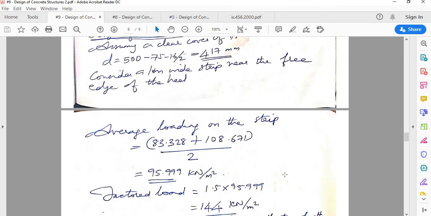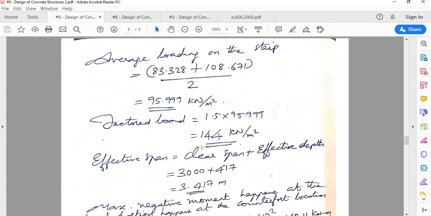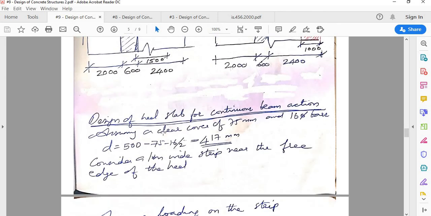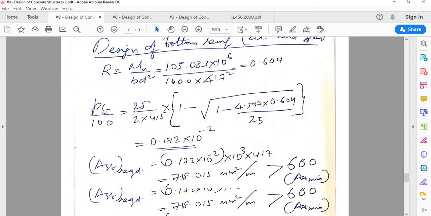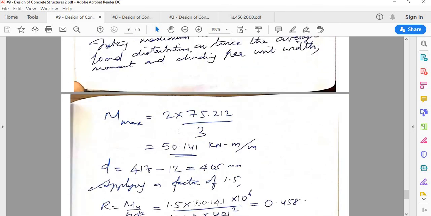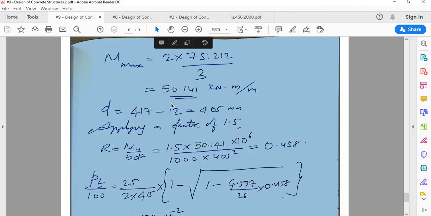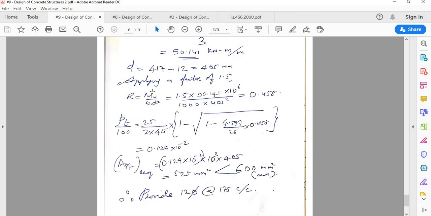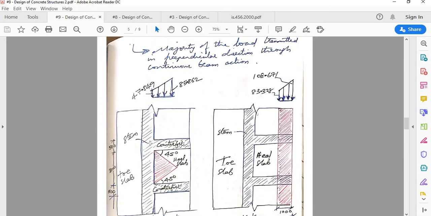So your actual top reinforcement for this cantilever action will come under that. So effective depth is this depth minus the bar dia, 12 dia. Based on which you will calculate the AST for the bending moment requirements of this cantilevering portion.